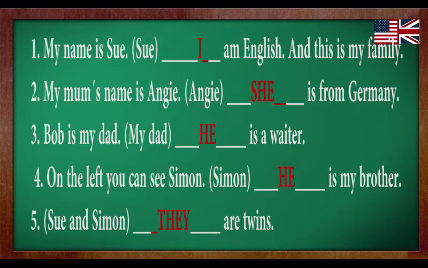"On the left, you can see Simon. He is my brother." Number 5. "Sue and Simon are twins." So which pronoun is going to replace Sue and Simon? They. "They are twins."